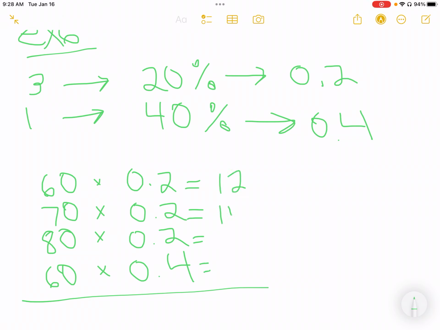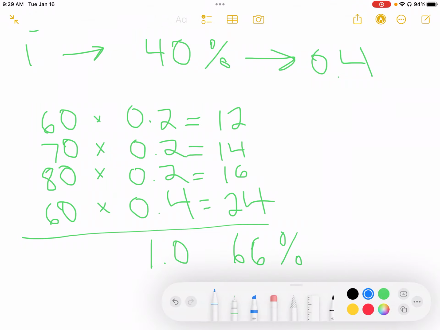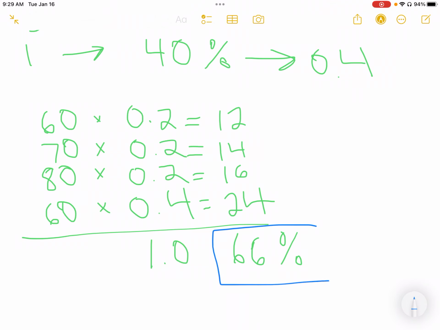And then if I add those up, I get 66%, or 66. And then if I add up the weights, I just have a weight of 1.0, so that means that's your whole grade. So 66% is going to be the final grade for this person in his graduate level course.